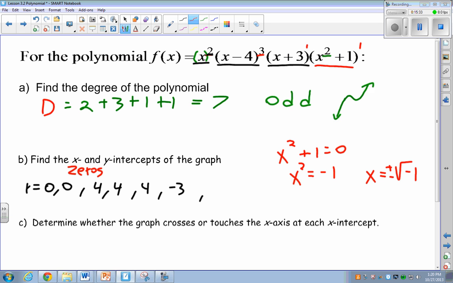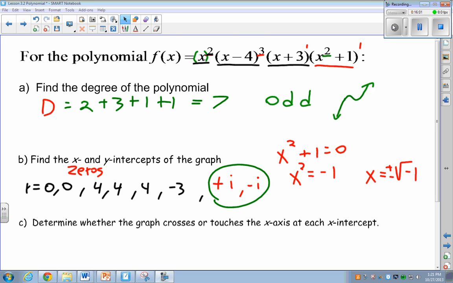So here it's going to be plus i and then minus i. Anyways, we're not going to worry about this right now. We're going to be talking about complex numbers later on. I just wanted to show you guys that we will be working with them later.